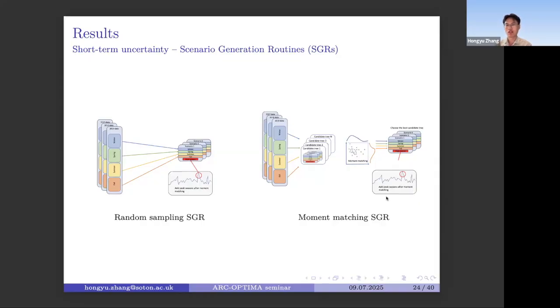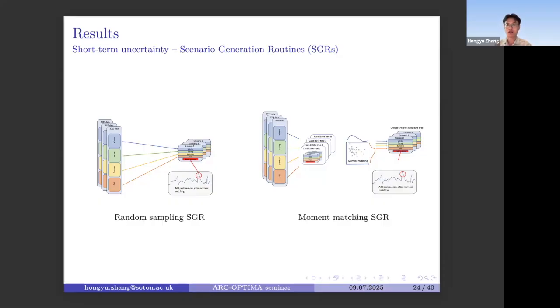In our case, we checked the mean, the variance, the skewness and the kurtosis, and all these statistical moments. So basically it's one extra step from random sampling, and the goal is to have a more stable scenario generation. But I will show you in the next slide.